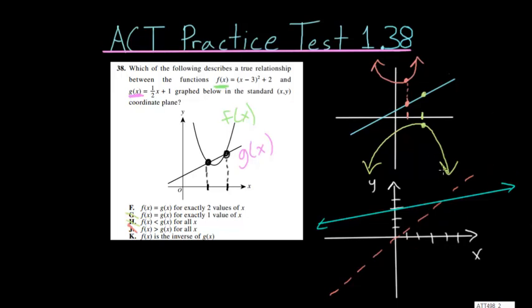So here would essentially be its inverse, since you can see they're essentially mirror images across this line y is equal to x. But as you can see in our case, these two functions are not inverses of each other. They are not mirror images across this line, which would be here, y equals x.